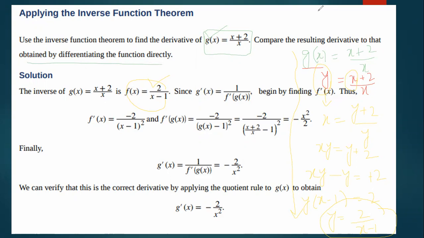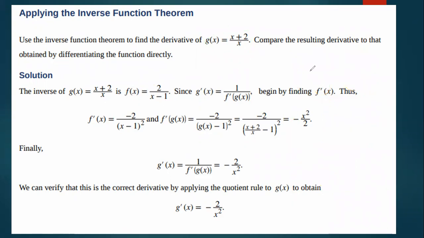Is that clear? Now applying the inverse theorem, g inverse derivative of x equals 1 upon f derivative of g of x. So first I have to find this value, f derivative of g of x.